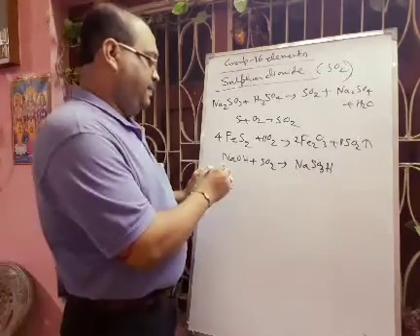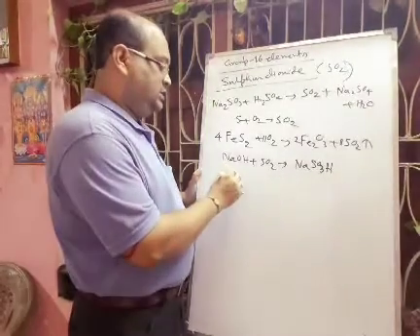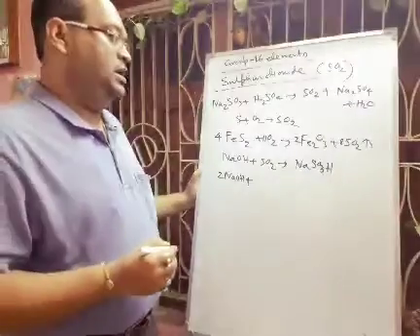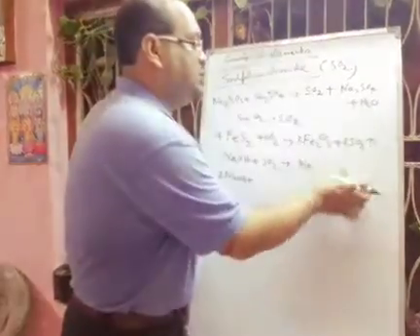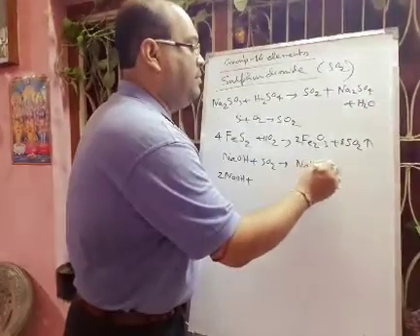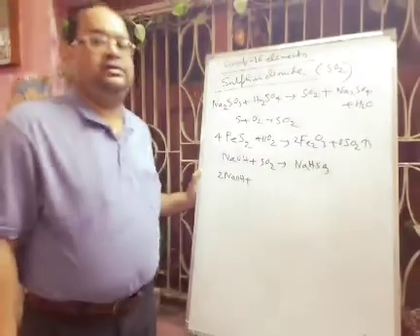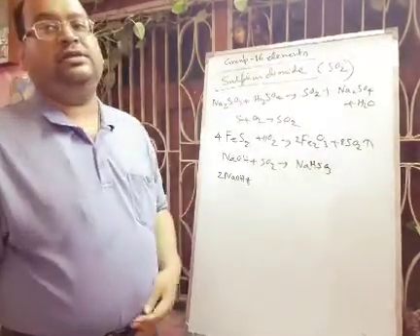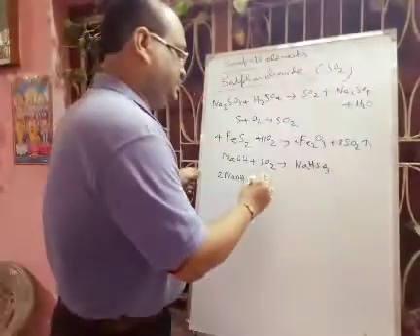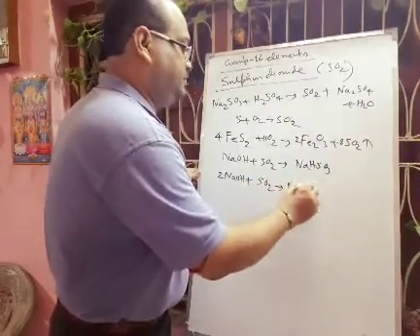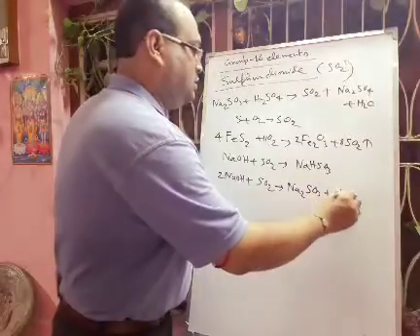And another, twice NaOH reacting with sulfur dioxide forms Na2SO3 plus water.